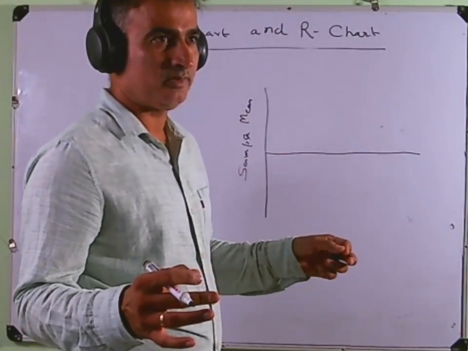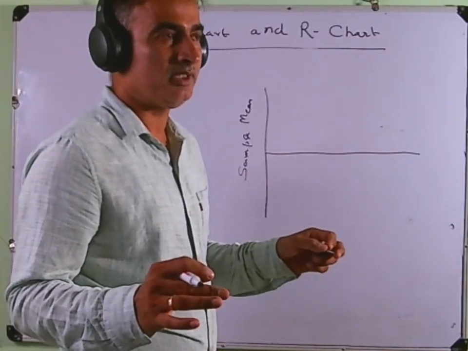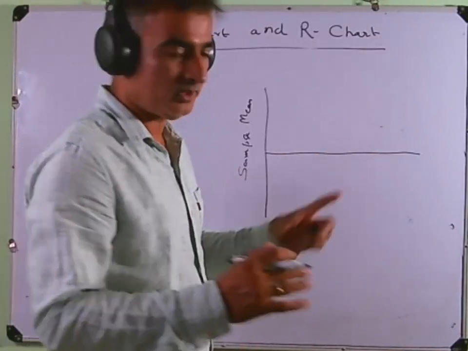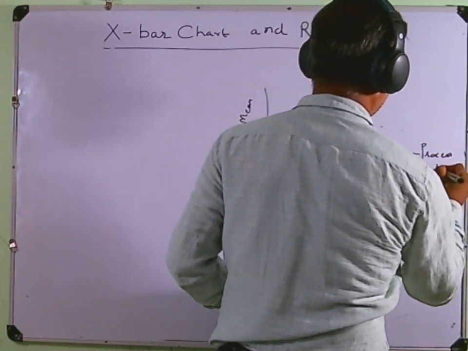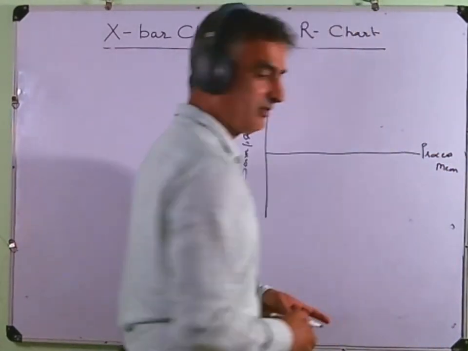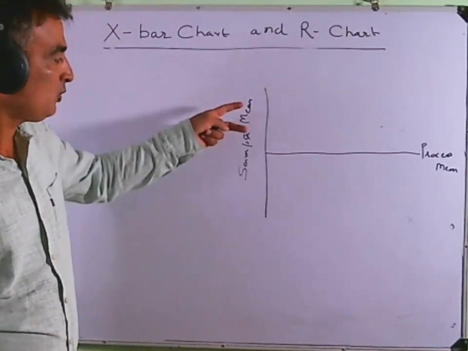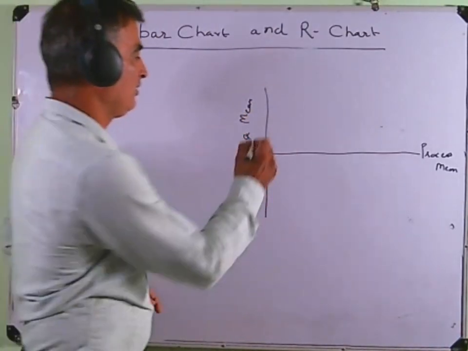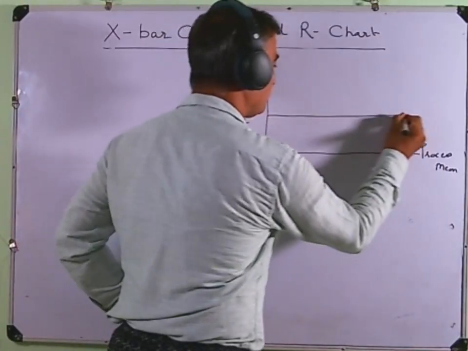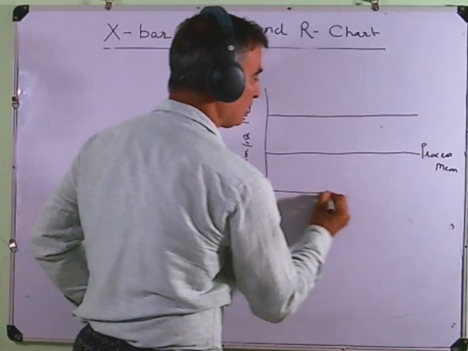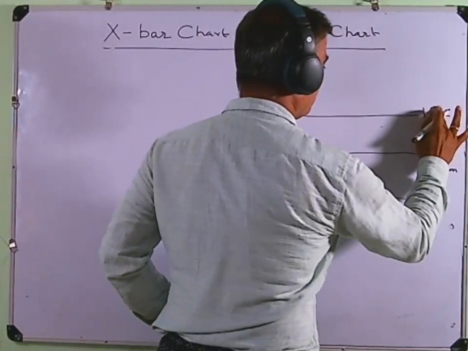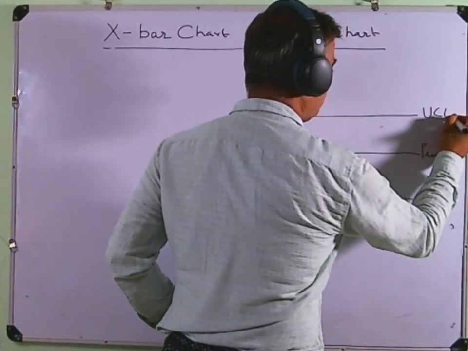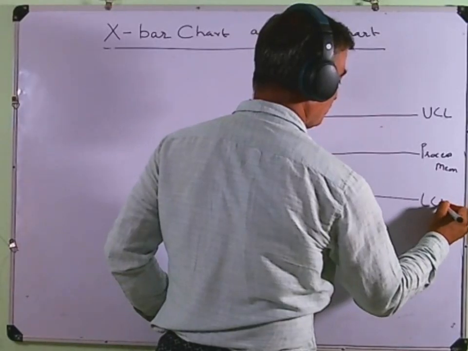Generally it says population mean, but the population here is the total process. So, the process mean. And then there are two control limits. One is the upper control limit and the other is the lower control limit. This is the upper control limit, and this is the lower control limit.